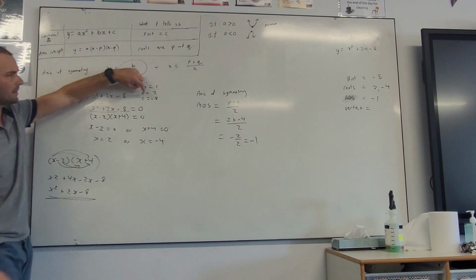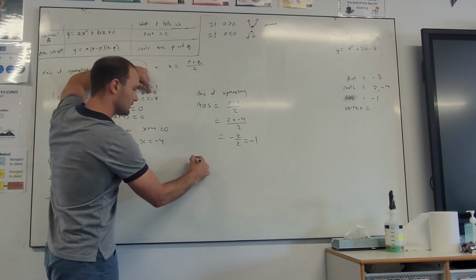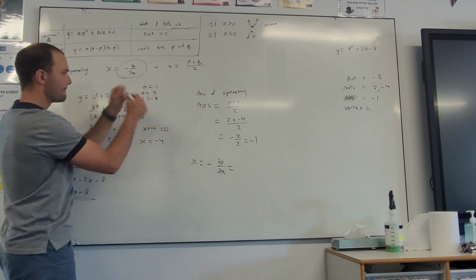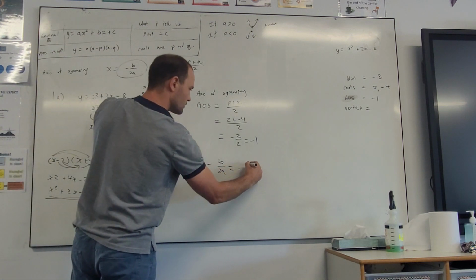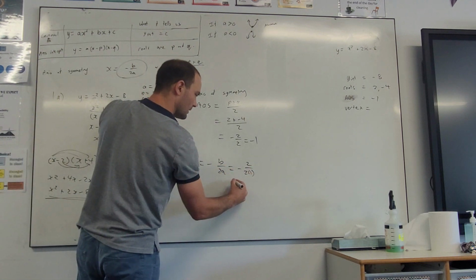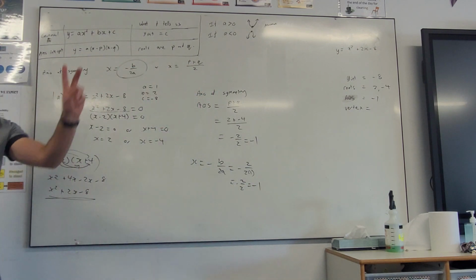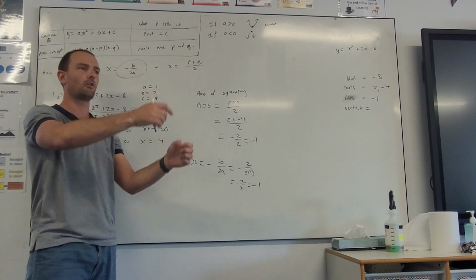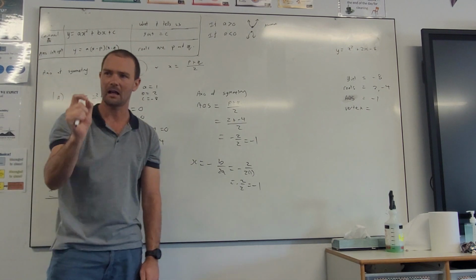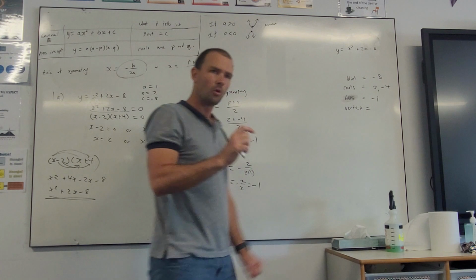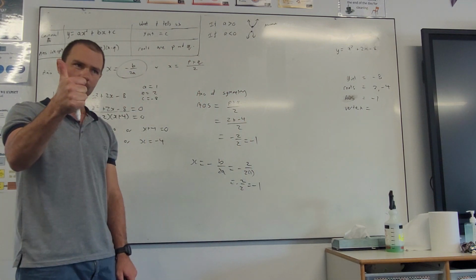If we do x equals minus b on 2a, that's going to be minus 2 divided by 2 times 1. That's minus 2 on 2. It's minus 1. It's the same. Two ways of doing the same thing. That's the x value of the vertex, the axis of symmetry. We've got the x value.